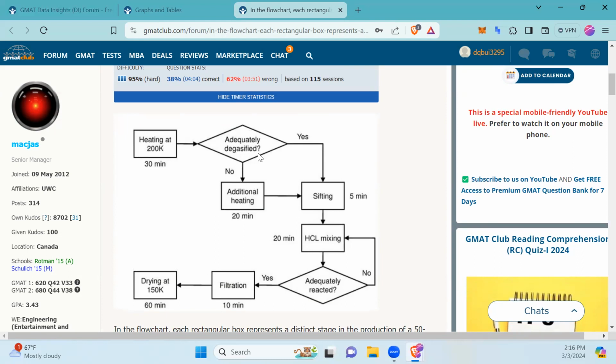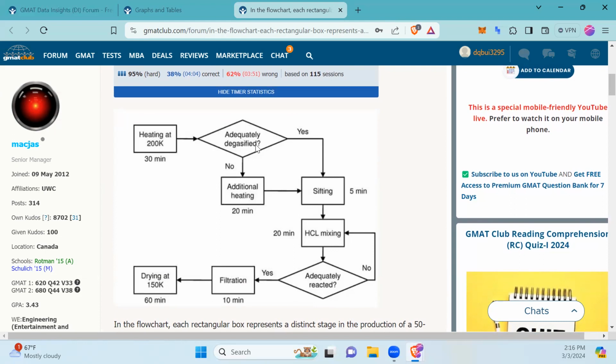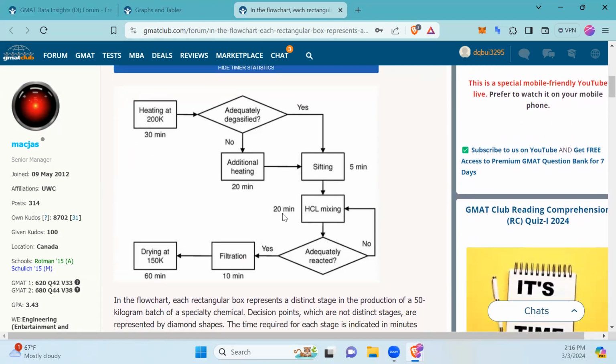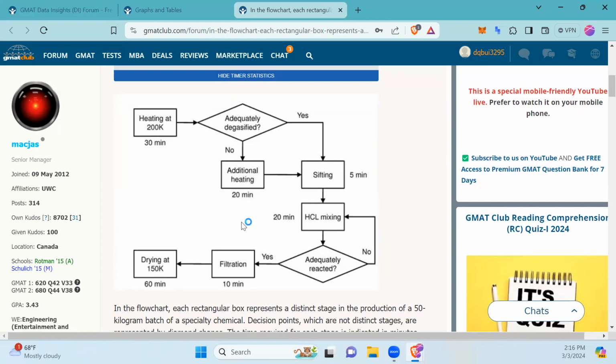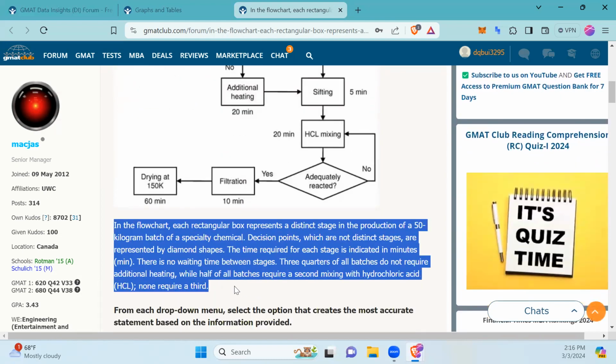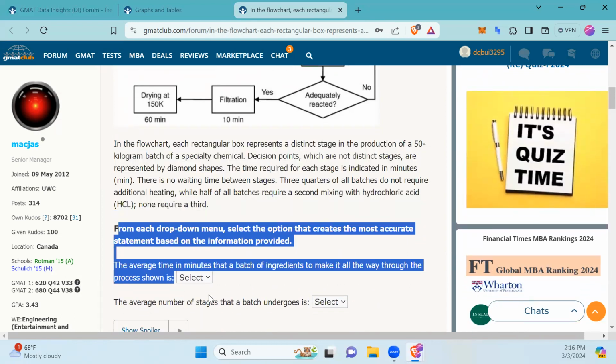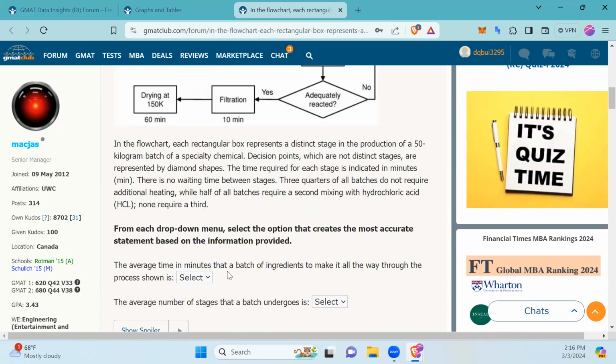So you can see that this is sort of a graph for steps and there are conditions along the graph. So let's take, say, 15, 20 seconds to take a look at the graph and then we'll discuss what this graph is saying. And then we'll go to the actual prompt, the explanation down below. And after that, we'll go into the specific answer choices.